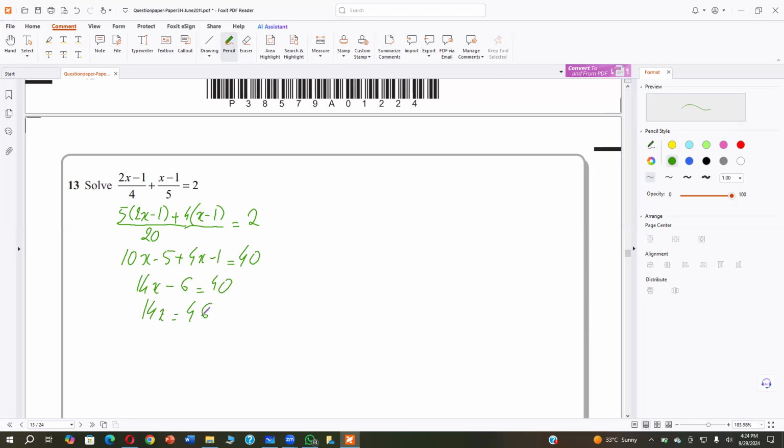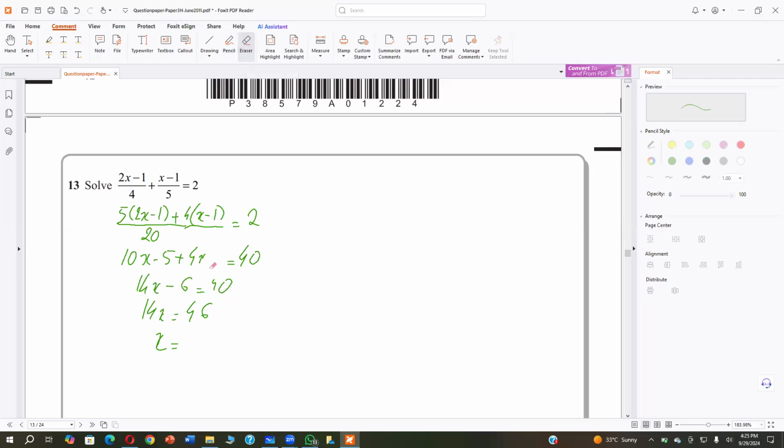let's see what you are getting. I got x is equal to 3.5. I think you forgot to multiply the 4 by -1.